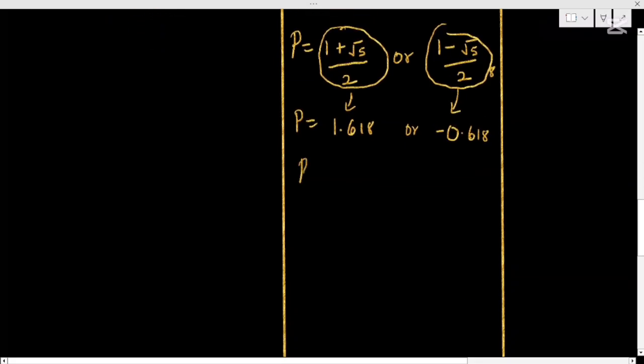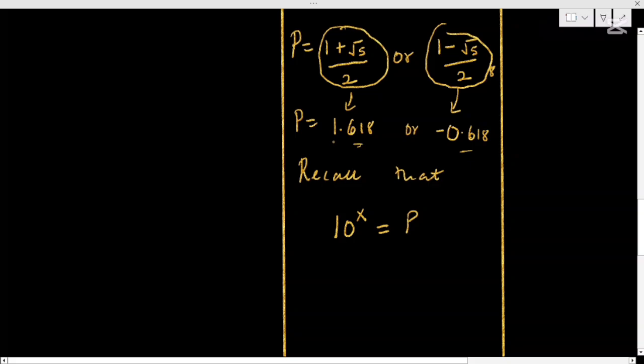Now, we can recall that we said earlier that 10 raised power x should be equal to P. Whenever we have a situation like this, we need to use logarithm. And if you look at the values of P that we have, one is positive, one is negative. And we already know that we can't find the logarithm of a negative number.